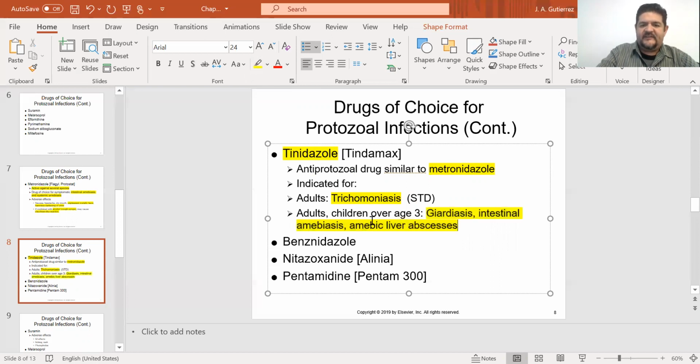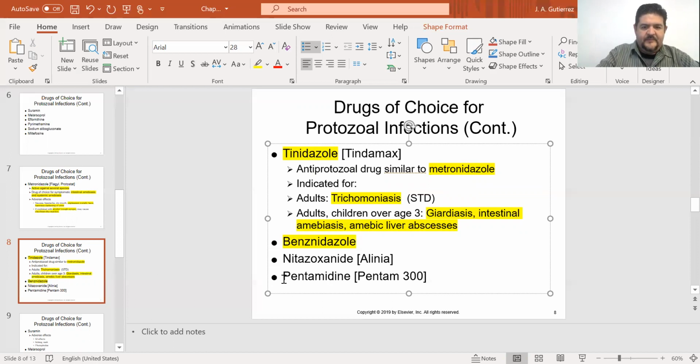This is now the systemic presentation of amoebiasis. And the same thing will be with benznidazole and metronidazole. So again, they have that azole ending that makes us more comfortable saying, yeah, they are used for the same purposes, with the same effects.